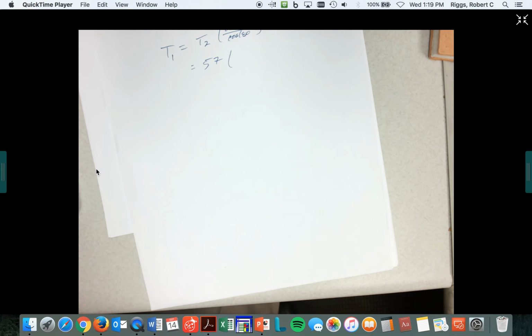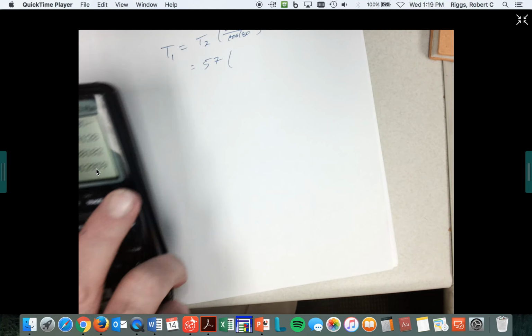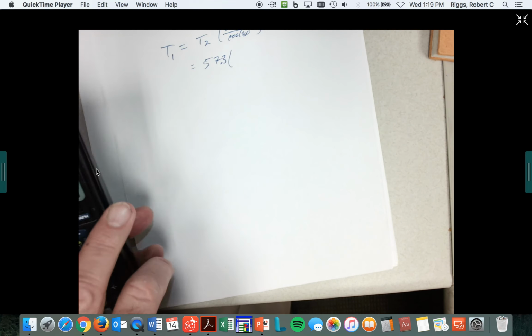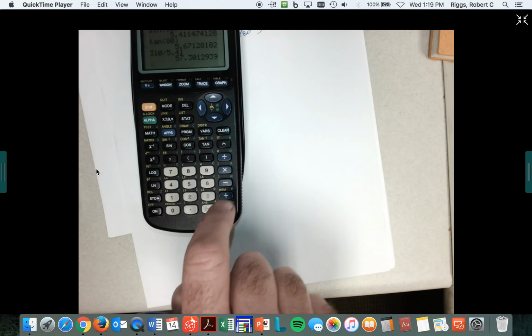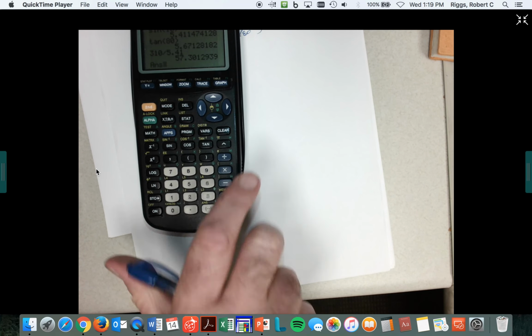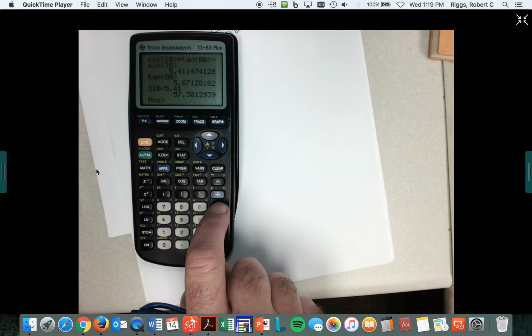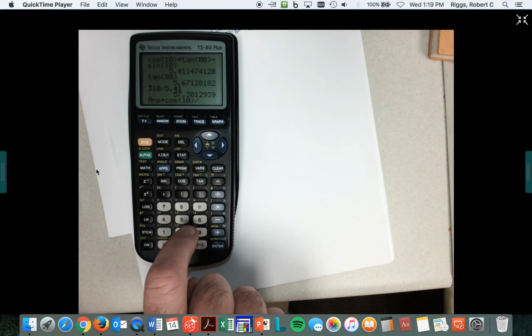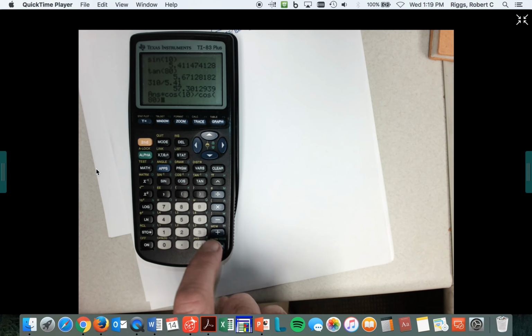T2 times 57.3 times. So I'm just going to go with the answer that we got before times cosine of 10 divided by cosine of 80. 324.